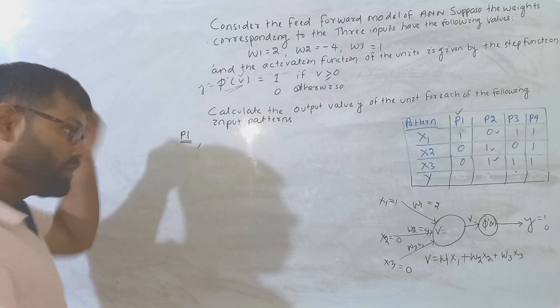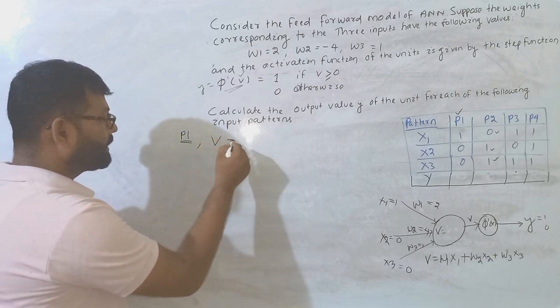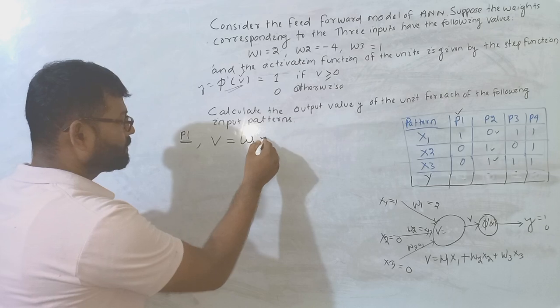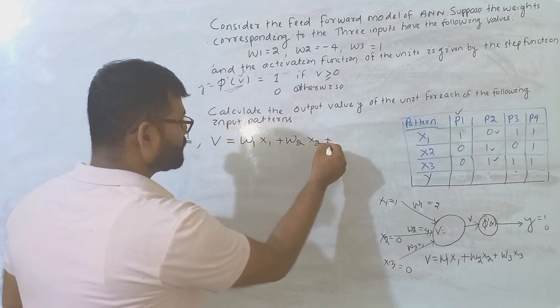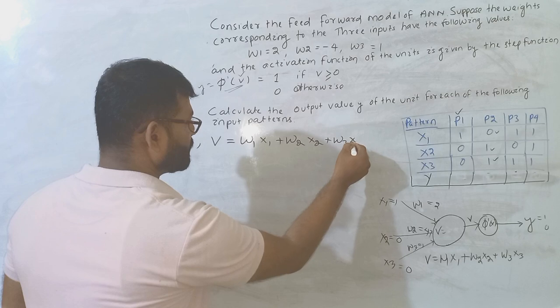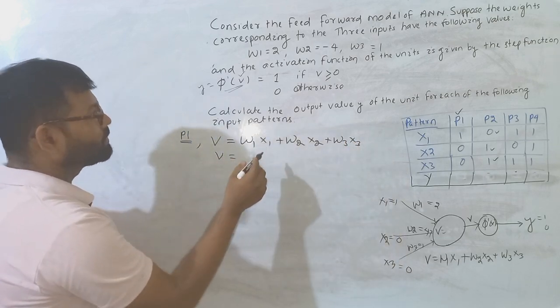Now my v is equal to w1 x1 plus w2 x2 plus w3 x3. What is the w value?